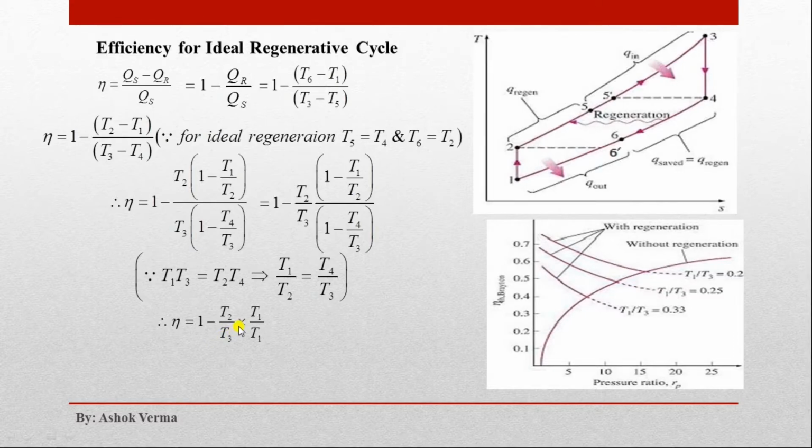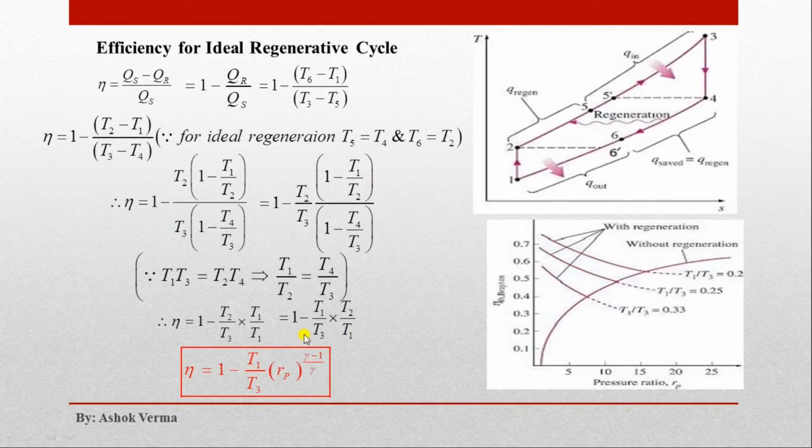So here we are multiplying and dividing by T1 by T1. So after rearrangement we will get 1 minus T1 by T3 into T2 by T1, and since T2 by T1 is equal to P2 by P1, and P2 by P1 will be equal to the pressure ratio RP, P2 by P1 to the power gamma minus 1 by gamma.